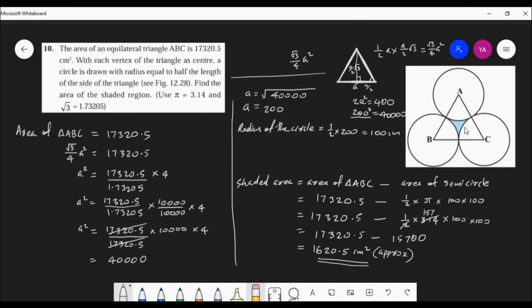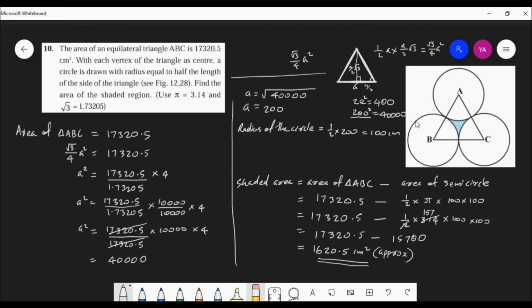I shall explain once again fast. In the figure, an equilateral triangle is given, and by taking the vertices of the equilateral triangle as the centers, 3 circles are drawn with a radius half the length of the side of the triangle. We want to find the area of the shaded region. The shaded area is the area of the triangle minus the area of the semicircle formed by connecting these 3 sectors inside the equilateral triangle.